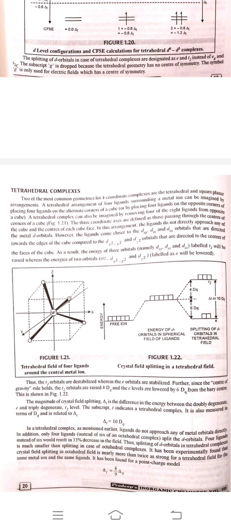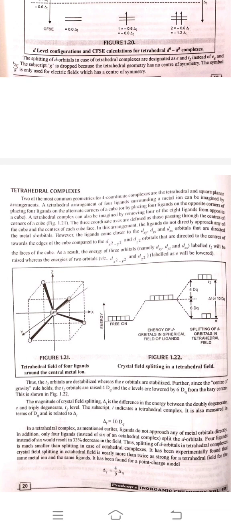As a result, the energy of the three orbitals, namely dxy, dyz and dzx, labeled t2, will be raised, whereas the energy of the two orbitals dx²-y² and dz², labeled e, will be lowered. Thus, the t2 orbitals are destabilized, whereas the e orbitals are stabilized. Further, since the center of gravity rule holds, the t2 orbitals are raised by 4 Dq and the e levels are lowered by 6 Dq from the center.